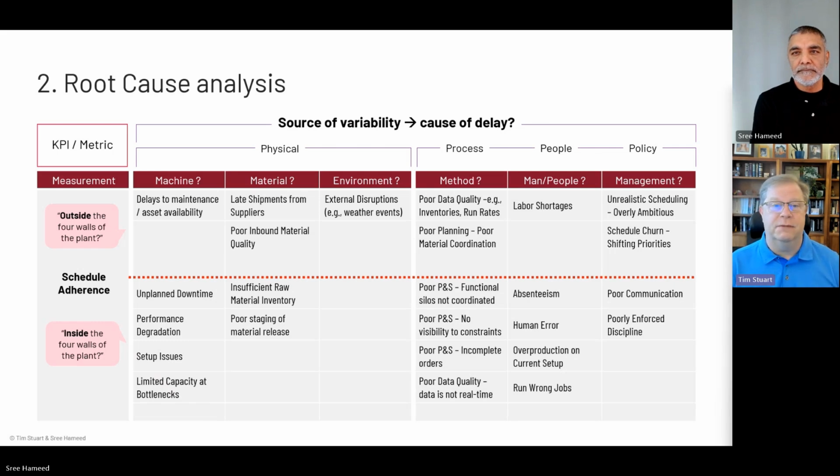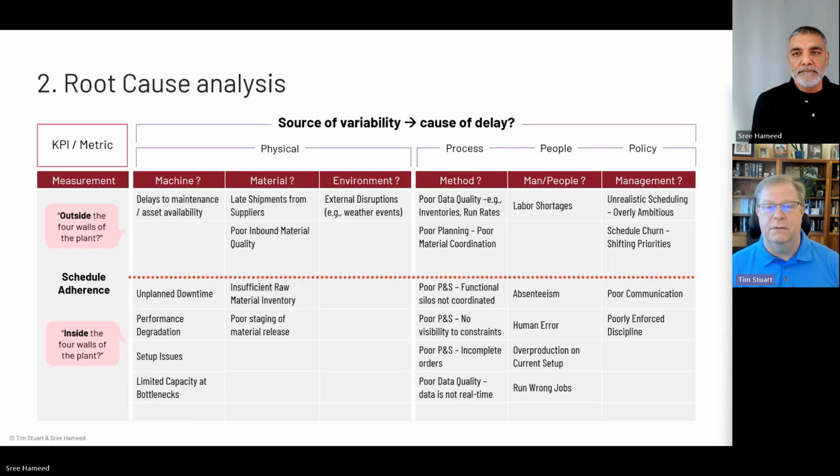Are we given a realistic plan that we're failing to execute with discipline, or is it that we have an unrealistic plan that is set up to fail? It could be both, it could be either, and it often takes an iterative process to pinpoint the root causes.